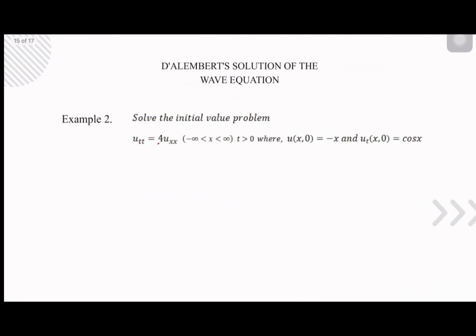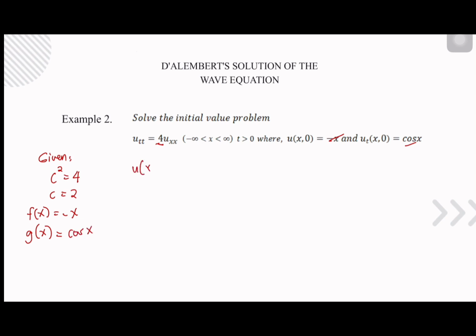And for the next example, our given is c squared is equal to 4 because of this coefficient 4. So our c is equal to 2. Our function f of x is equal to negative x, and g of x is equal to cos x.